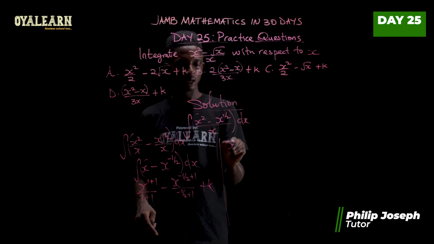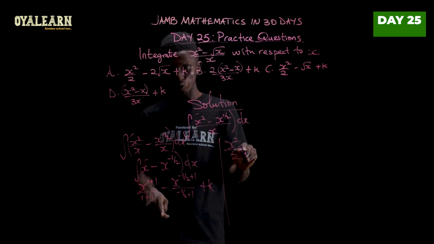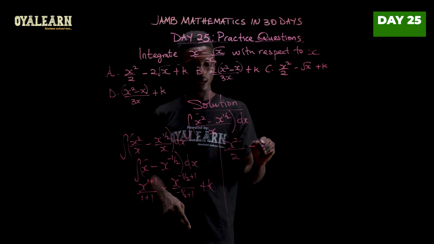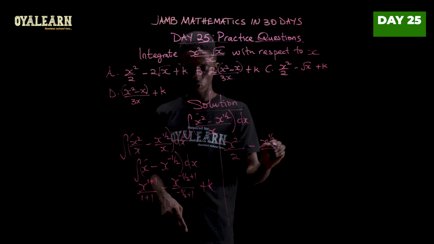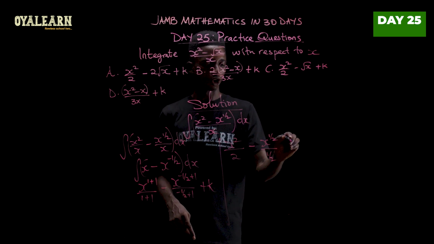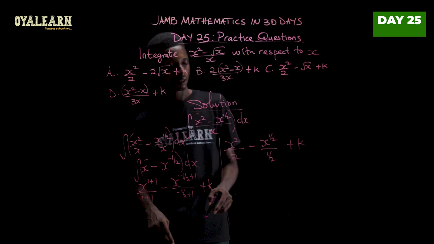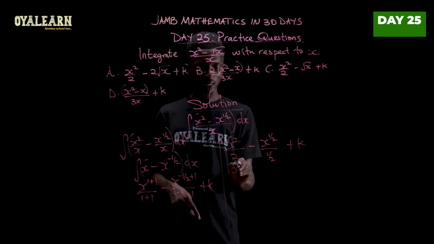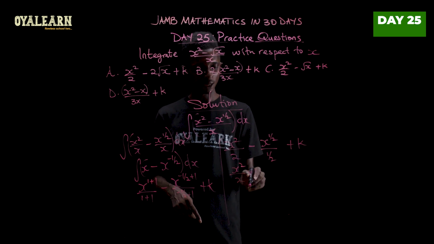Now this will give you x squared over 2 minus, now this will give you x raised to the power half over, this one will then give you 1 over 2, all plus k. Now when we try to resolve this, we see that we have x squared over 2 here.